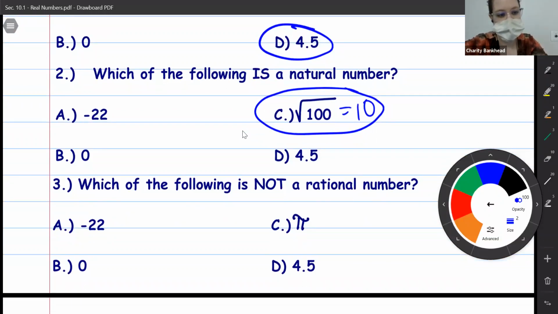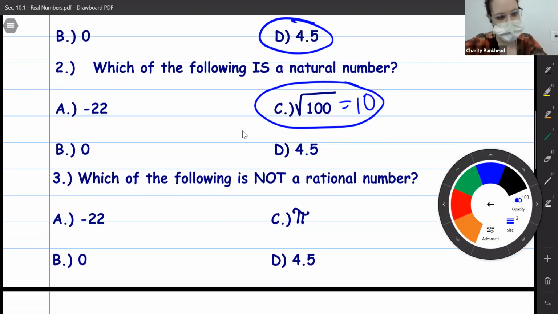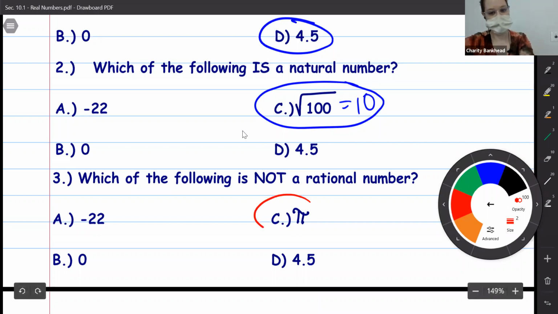And then number 3, which of the following is not a rational number? C is the correct answer. That's pi.